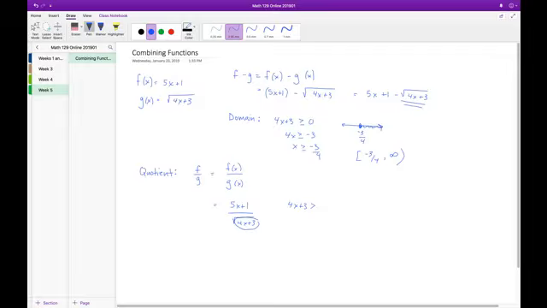So to find the domain, I want to set up a strict inequality. So 4x plus 3 has to be strictly greater than 0, right? So that means 4x has to be greater than negative 3, x has to be greater than negative 3 over 4, so it does have a different domain because I have to exclude negative 3/4.